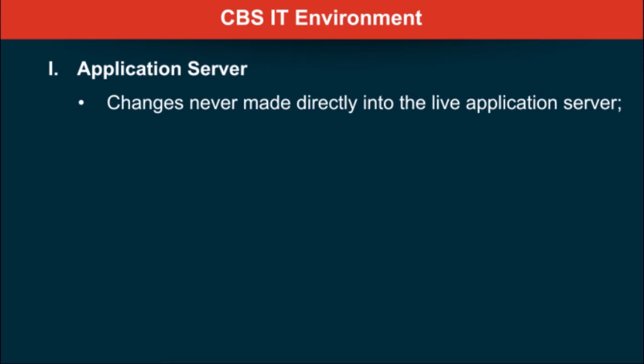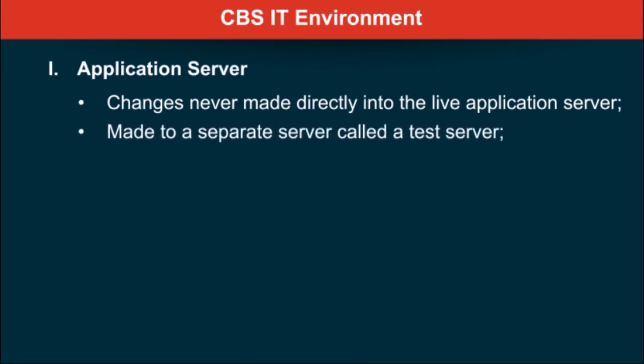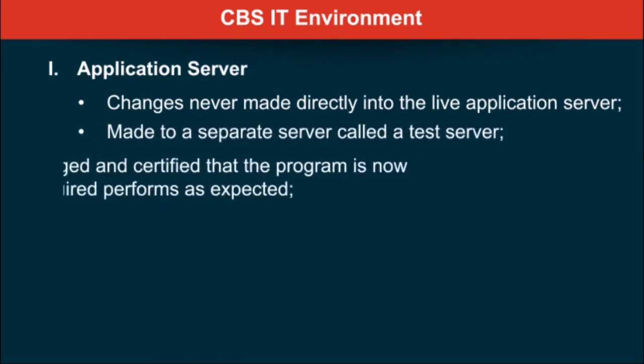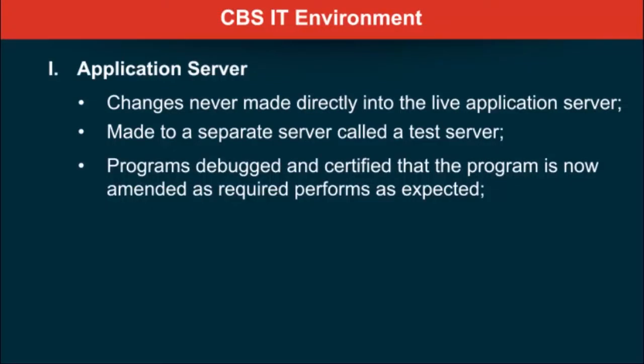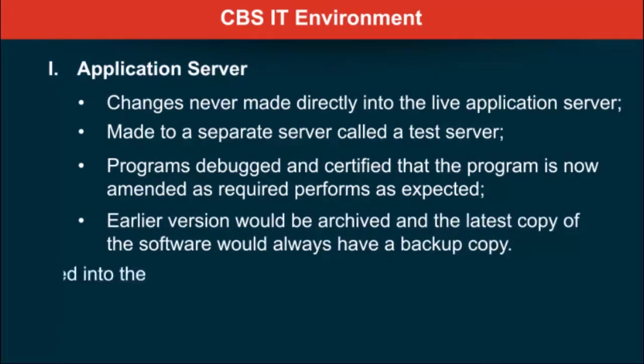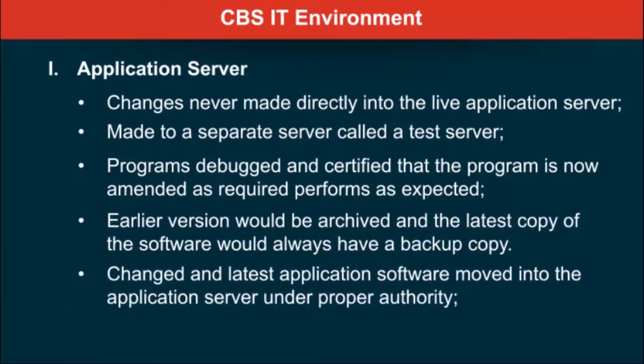So first you check it on some test run, and then on a test server, and then programs are debugged. Once it is sure that it is working the way it should, then only you will connect it to the live system. The earlier version will be archived, and the latest copy of software would always have a backup copy, and that is the one which is implemented.